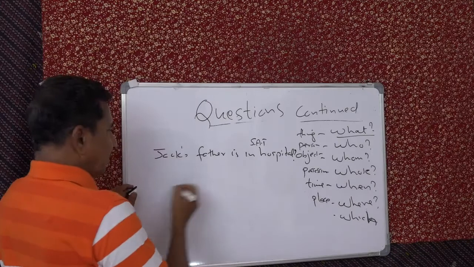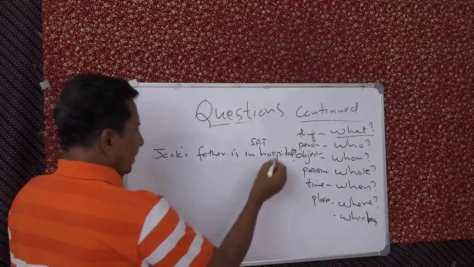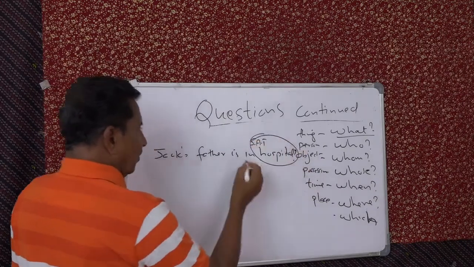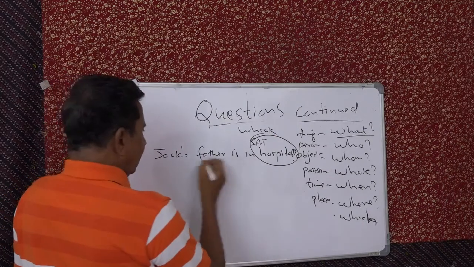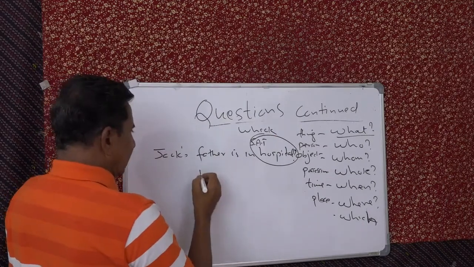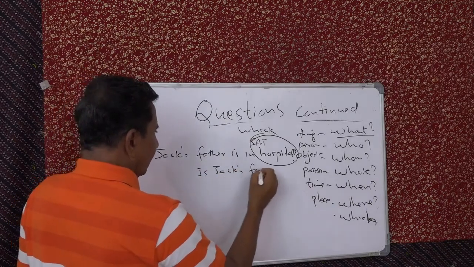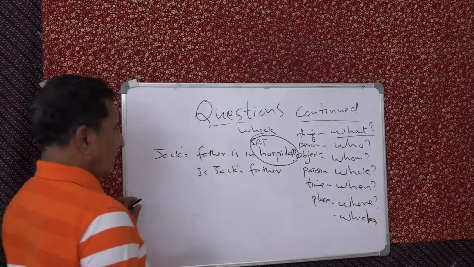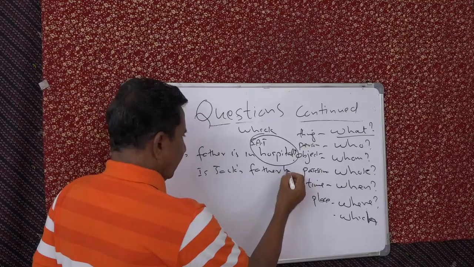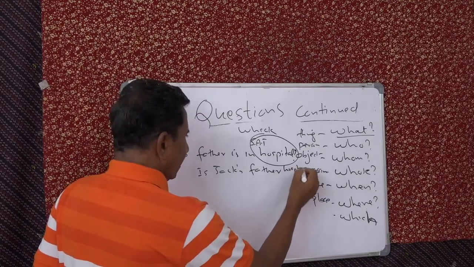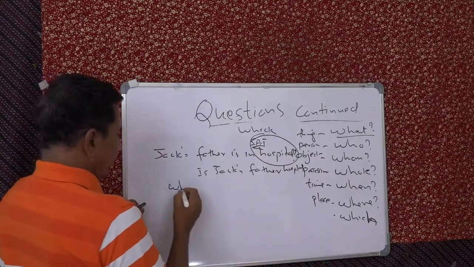So what we do is, we have to change this into a question. Then, which is the new information? Jack's father is. Is Jack's father hospital? No? Instead of this we say, which hospital.